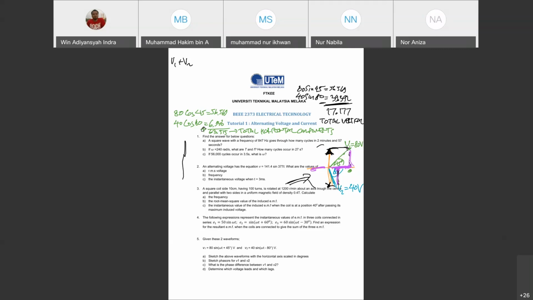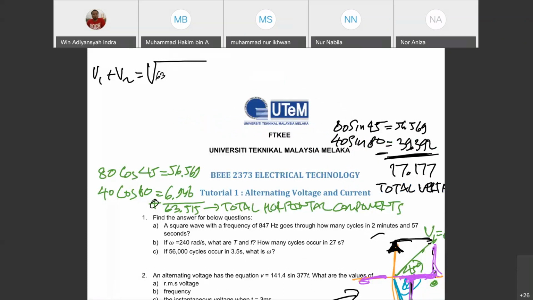The square root of 36.52 squared plus 70.18 squared. You will get 65.80.